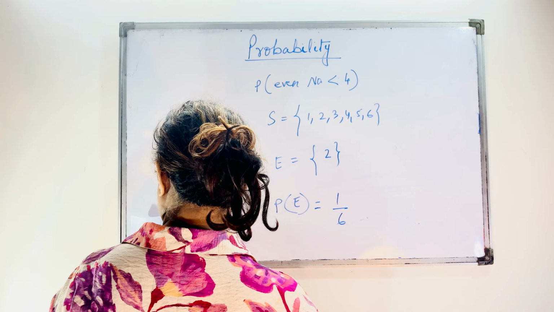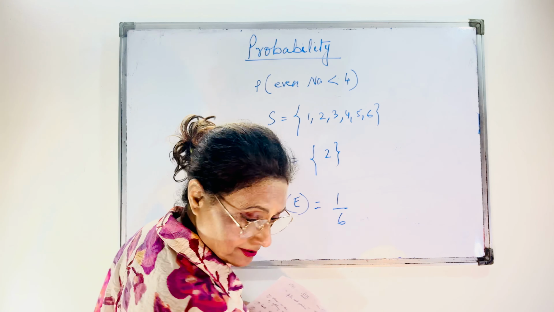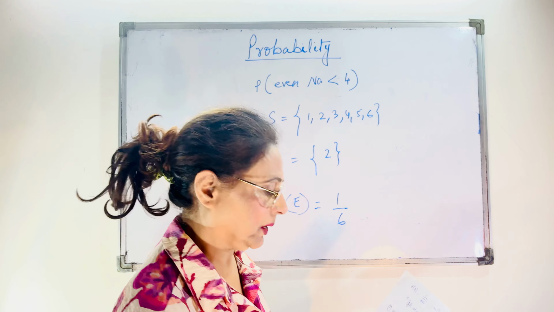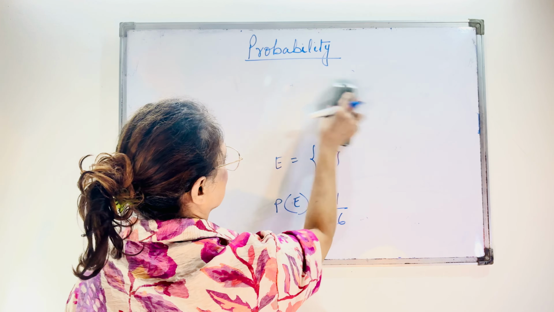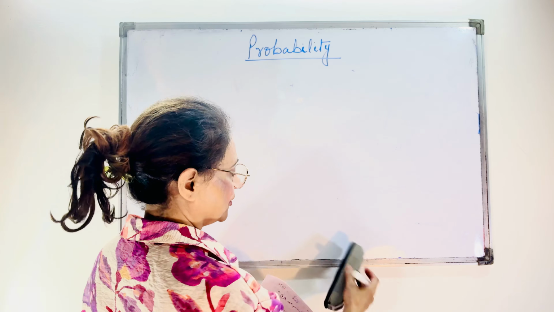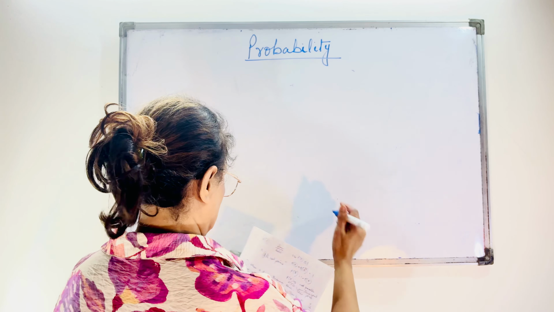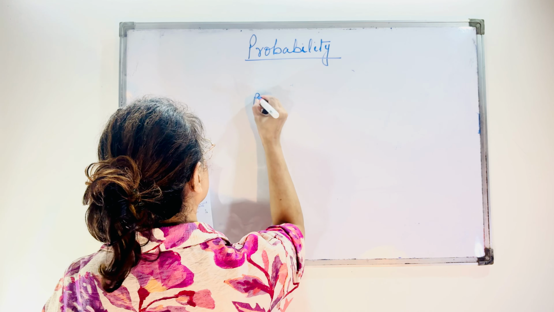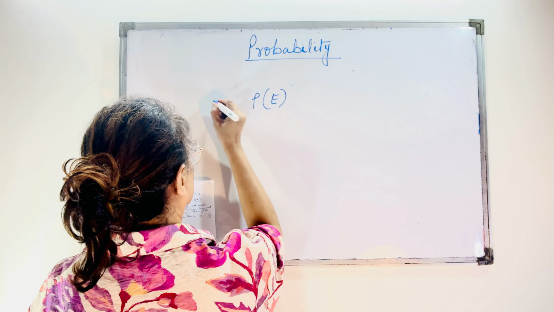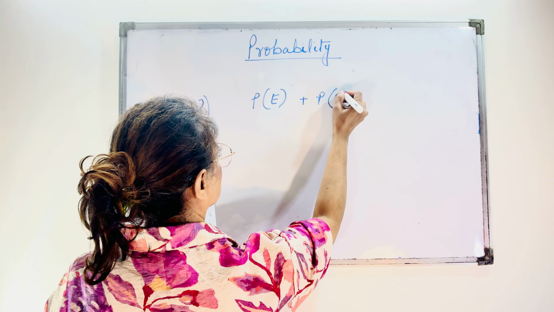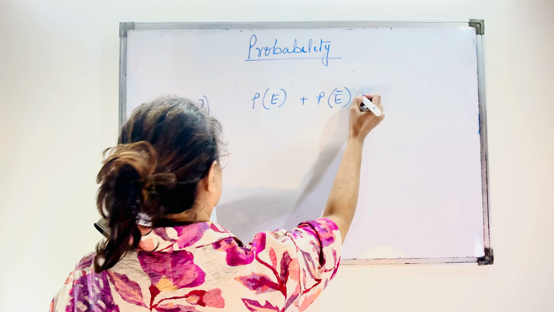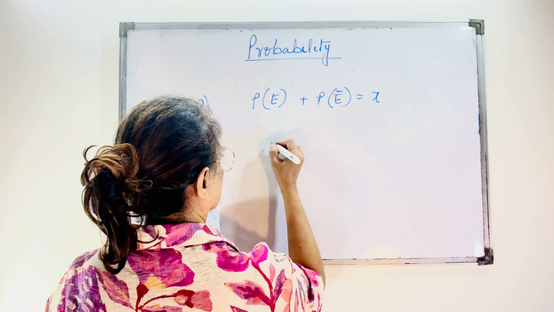Okay. Question says, for an event E, P(E) plus P(E dash), or P(E bar), that is the complement of E, is given to be x.